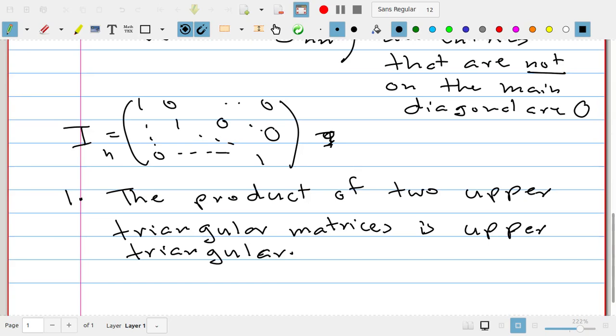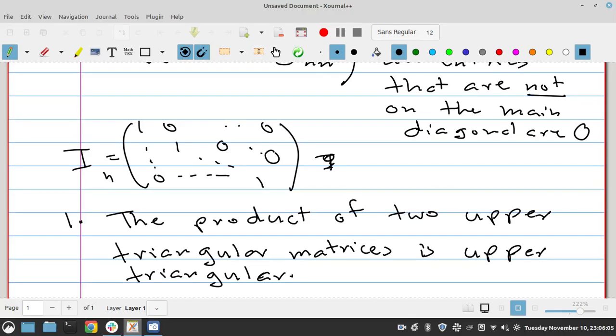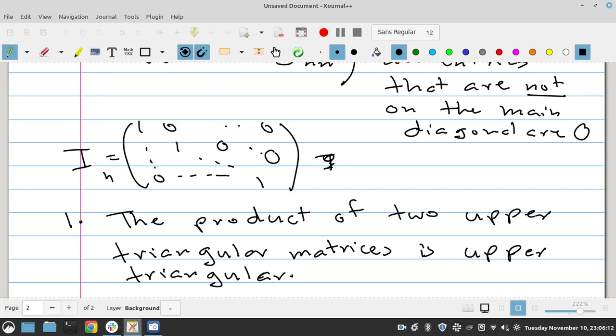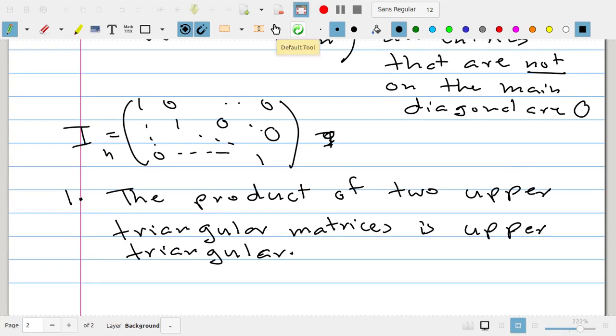And when you replace upper by lower, the product of two lower triangular matrices is also lower triangular.